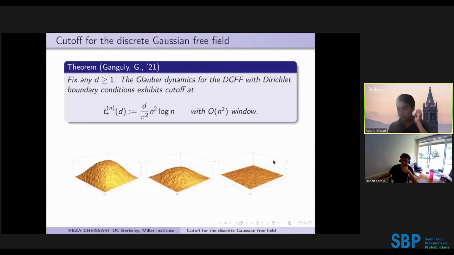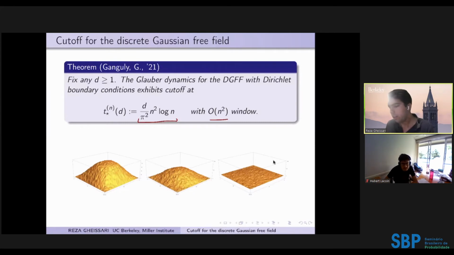Okay, so the main result that I want to talk about is that for any dimension bigger than 1, so including in particular dimension 2 and higher, the Glauber dynamics for the DGFF with these kinds of 0 boundary conditions has cutoff at d over pi squared n squared log n, and with an order n squared window.